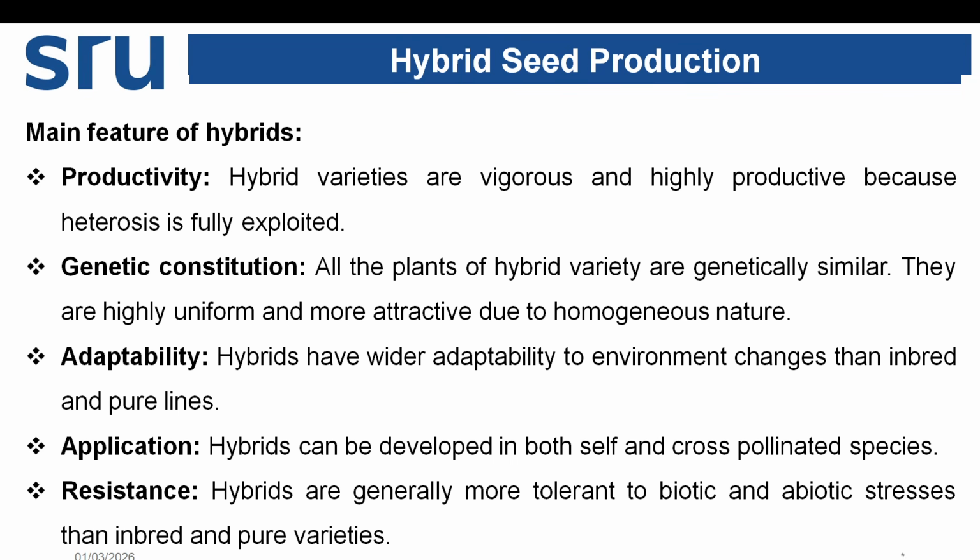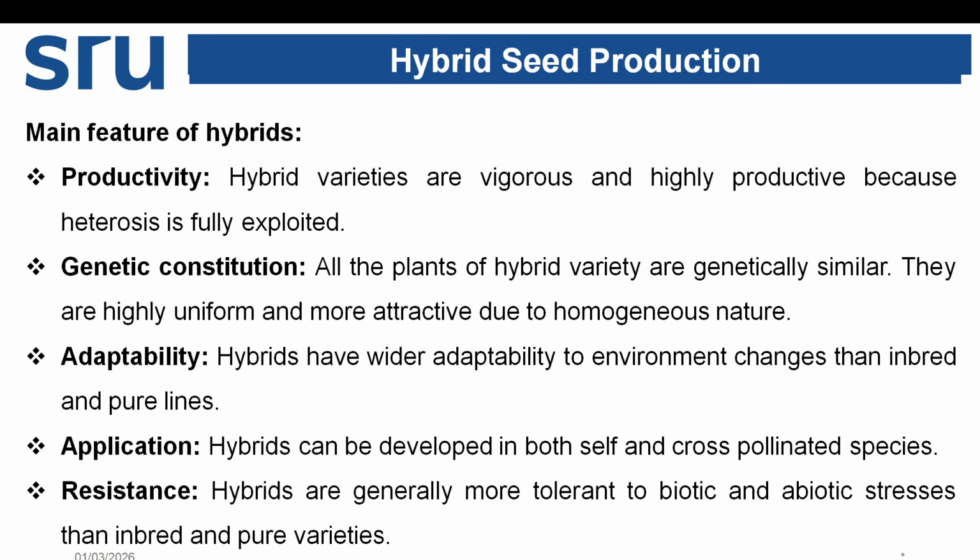So what is heterosis? Heterosis means superiority of that particular hybrid for yield and yield contributing characters over the parents. If your hybrid is superior in terms of yield and yield contributing characters over both the parents, that means your hybrid is vigorous and highly productive.